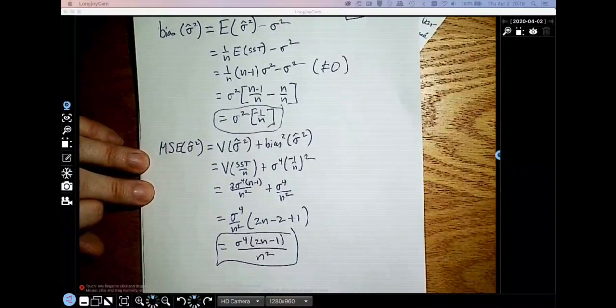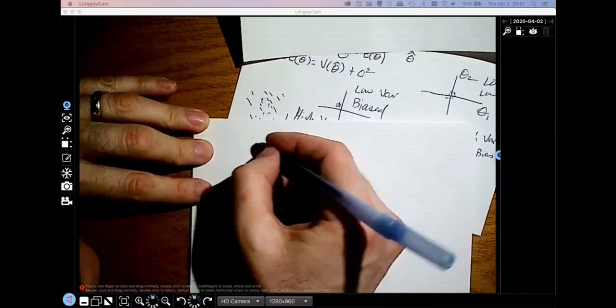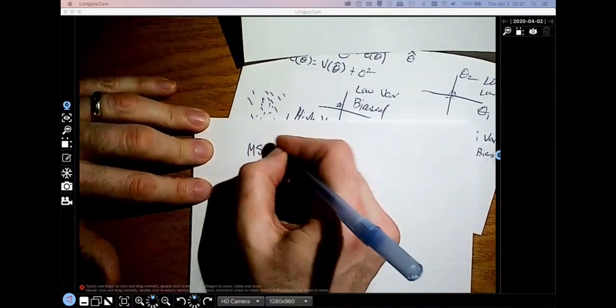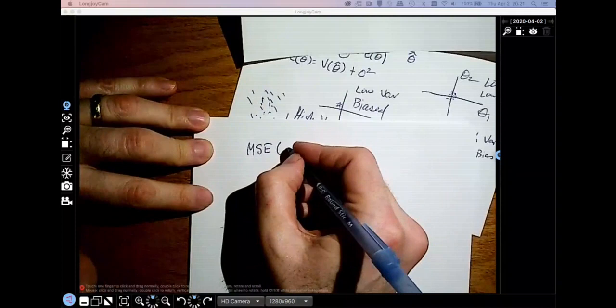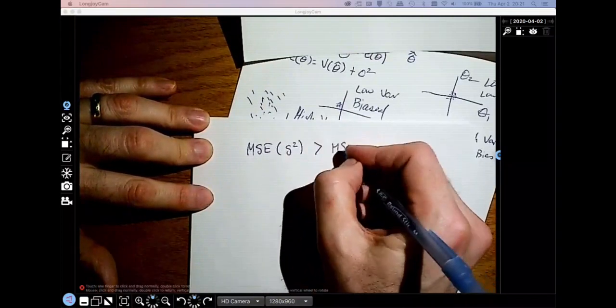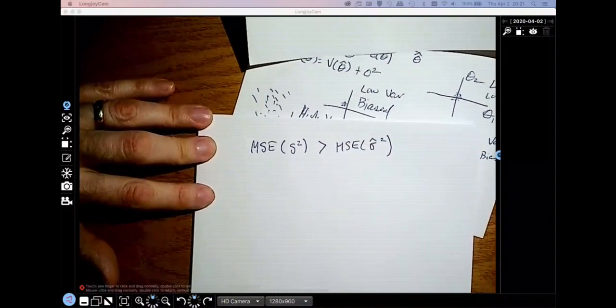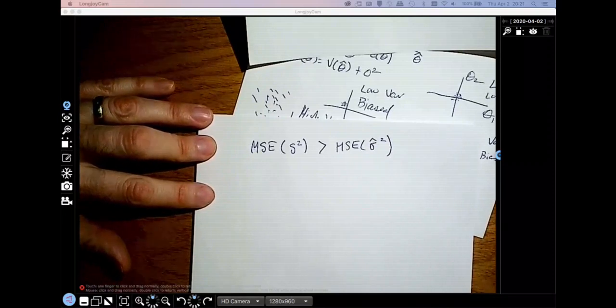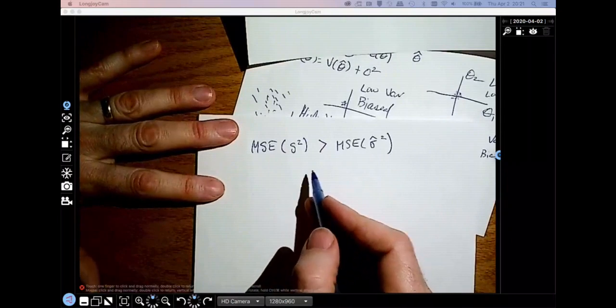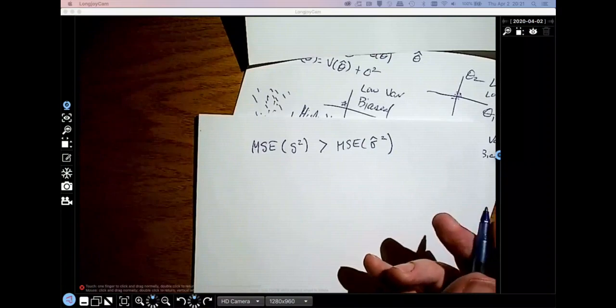And my claim is that this quantity is smaller. So let's now establish the result. What I'm trying to show is that the mean squared error of s squared is bigger than the mean squared error of sigma hat squared. What I'm going to do is write in both of the expressions and get to the point where it's obvious that the left-hand side is bigger than the right-hand side.